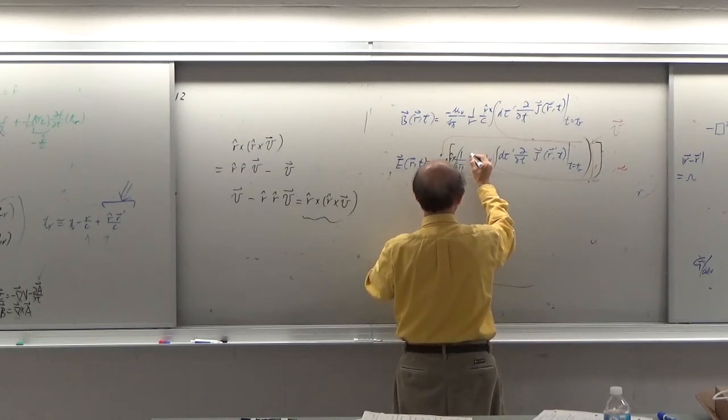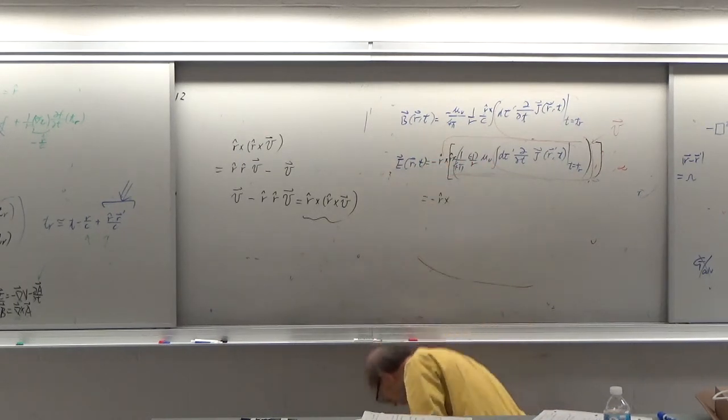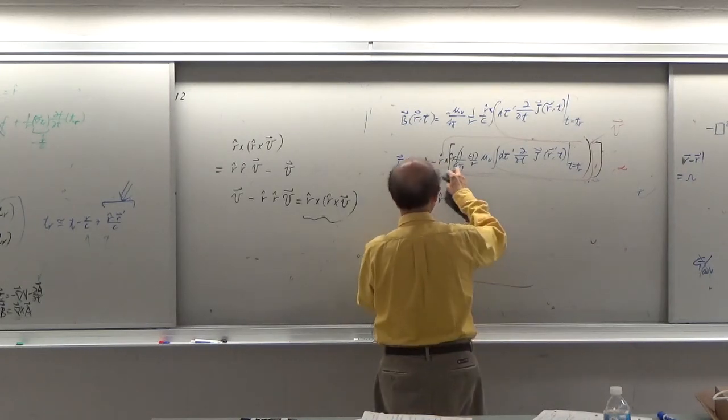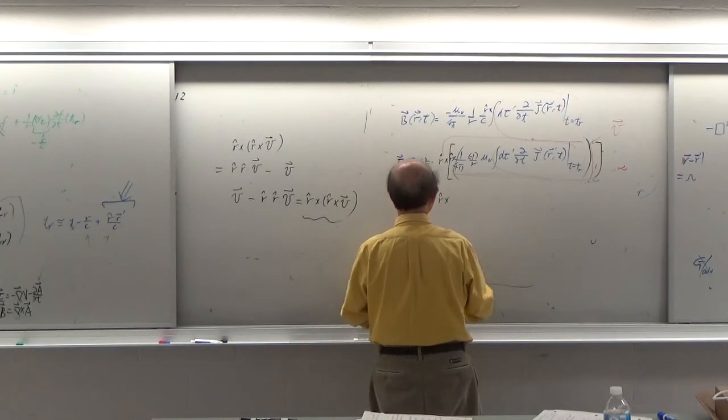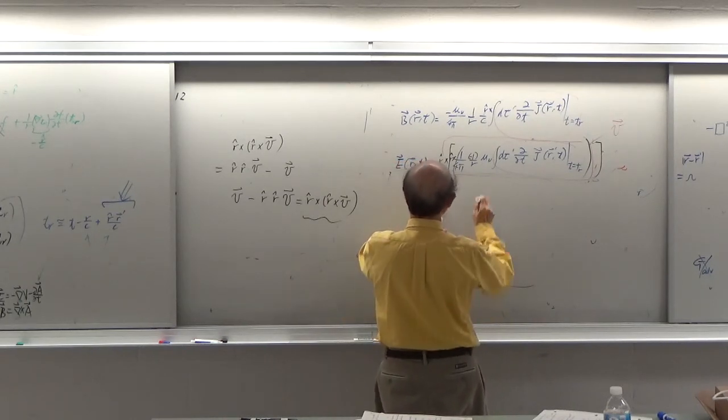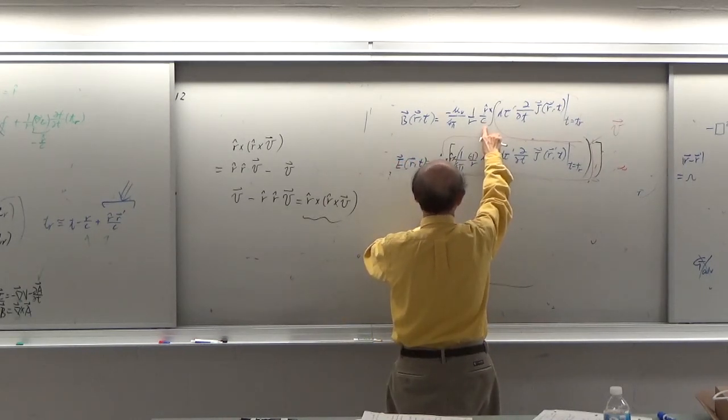Okay. Upstairs, inside the bracket. So this cross. There is the C, which is not here.